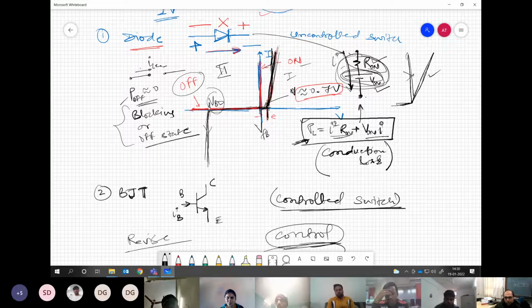For the blocking state or the off state, generally it behaves like a very good open circuit. That means the leakage current flowing through this device will be very small, of the order of microamperes or so, and hence the power loss can be regarded as zero. It's very small. So these are some of the discussions about the diode.